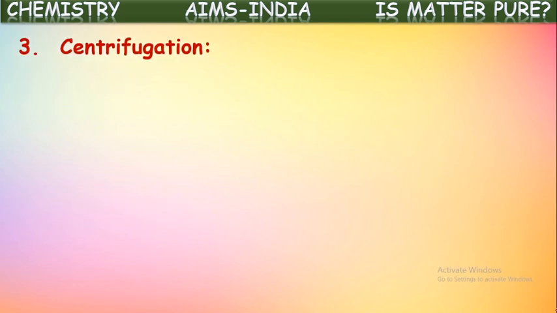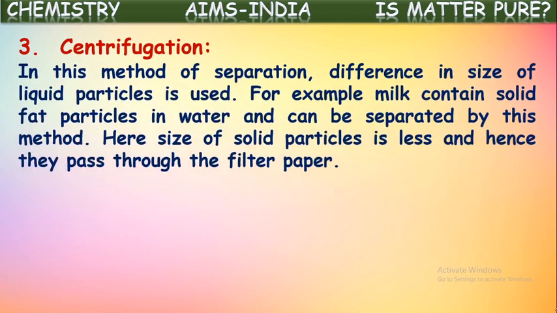Next technique, centrifugation. In this method of separation, difference in size of particles is used. For example, milk contains solid fat particles in water and can be separated by this method. Here, the size of the solid particles is small and hence they pass through the filter paper.